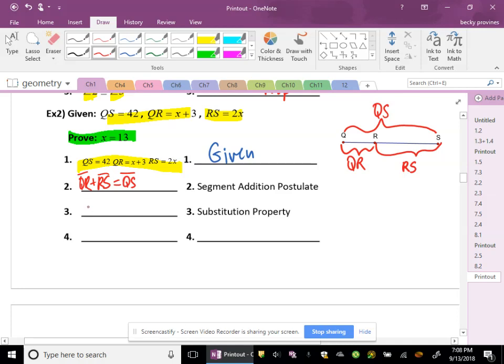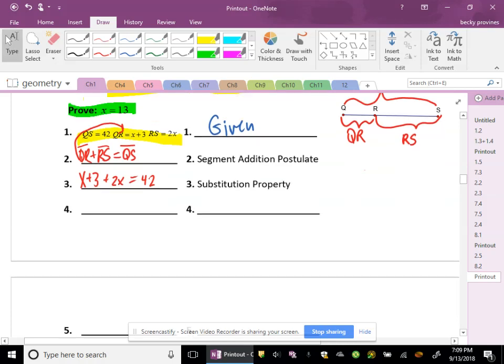So I'm taking out the QR. QR is x plus 3. Take out the QR and replace it with x plus 3. Take out the RS and replace it with 2x. And take out the QS and replace it with 42.